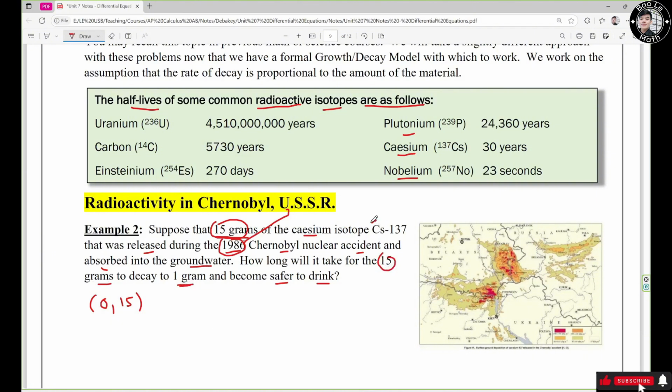Now, you know that this isotope's half-life is 30 years, which means at t equals 30, the initial value becomes half, so it could be 7.5, right?